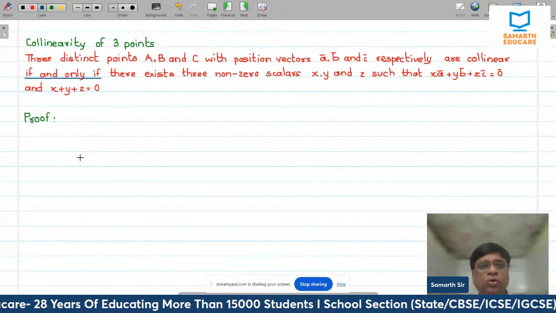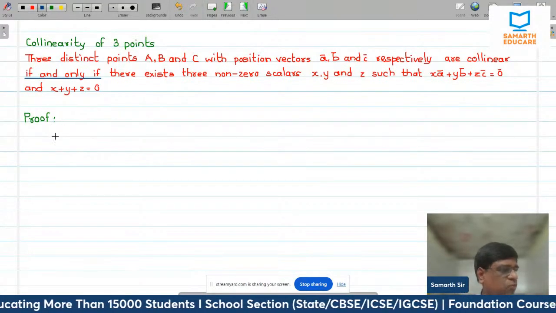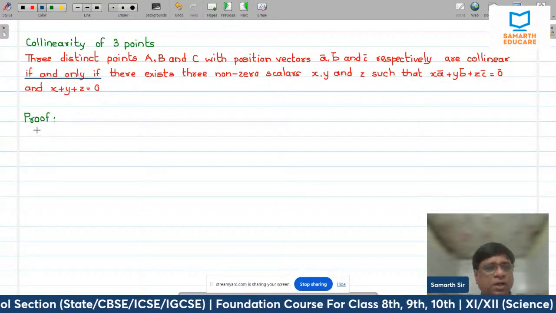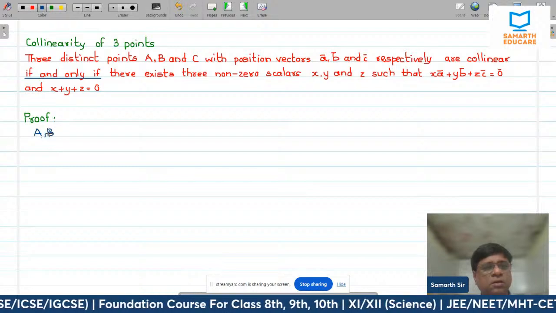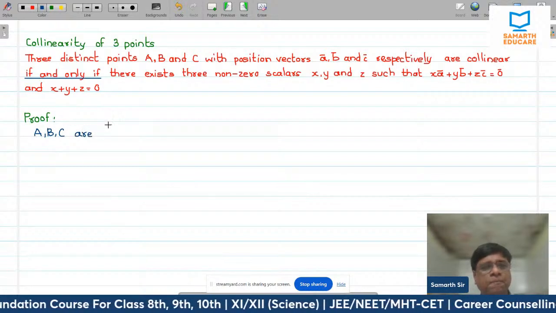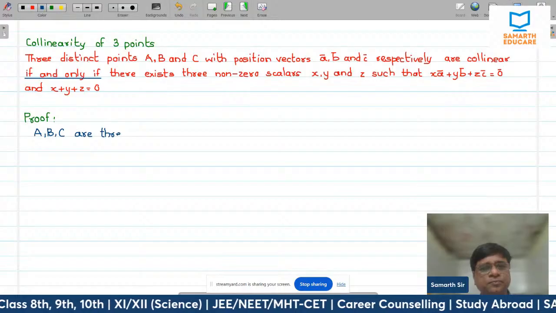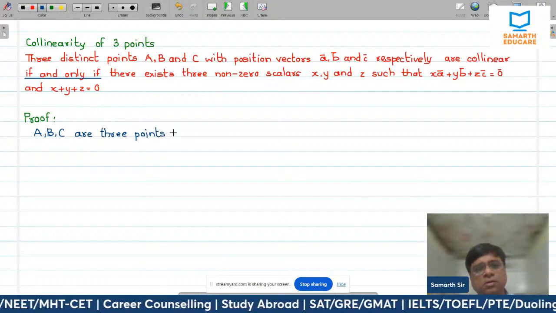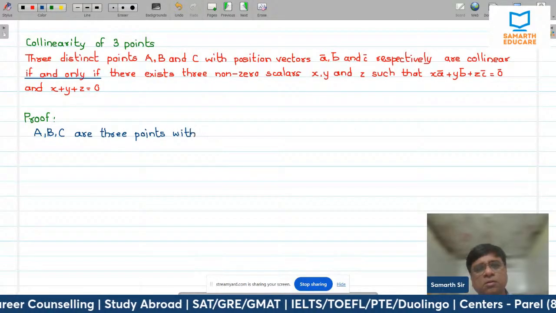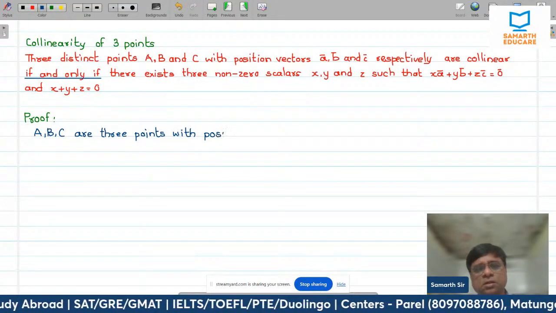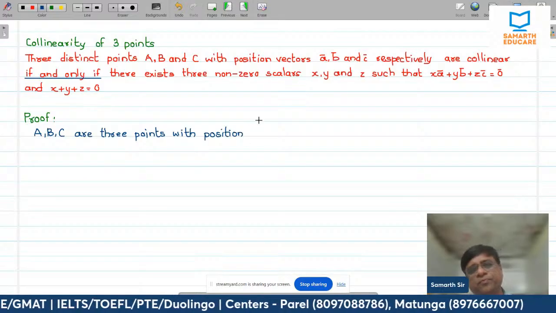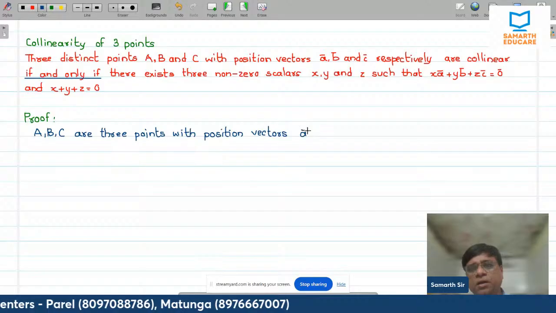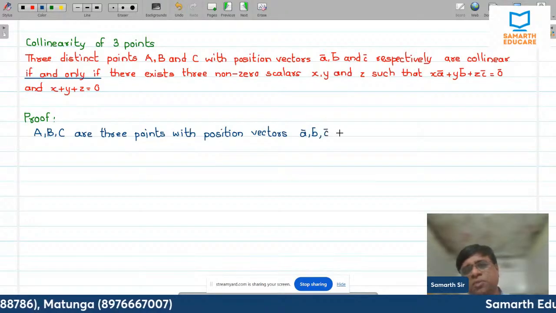Now, let us consider the "if" part. First of all, you see that A, B, C are 3 points with position vectors A bar, B bar, C bar respectively.